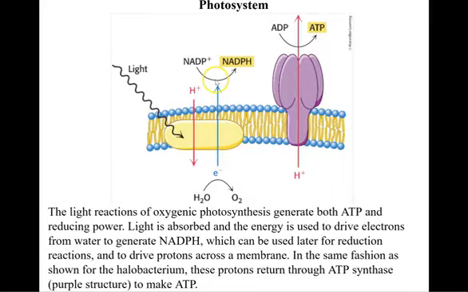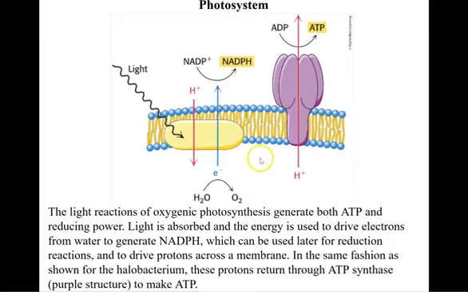It then transfers that electron to NADP+, which produces NADPH, which I spoke about is another product. This product feeds into the Calvin cycle, and the oxygen is just being released.